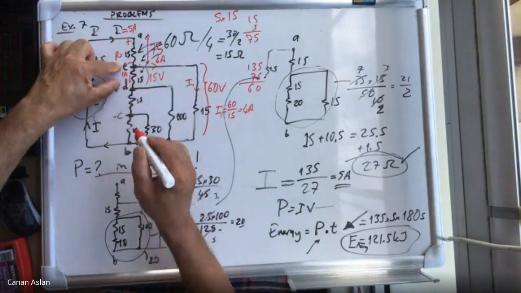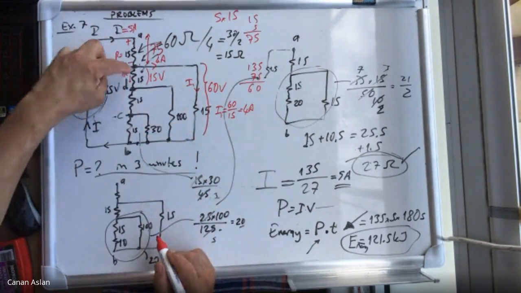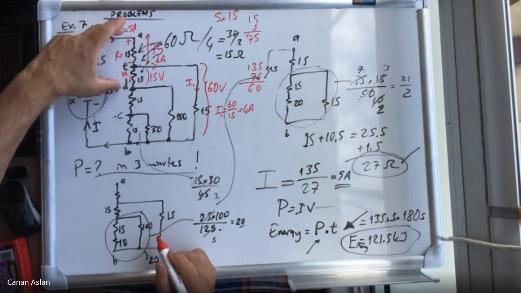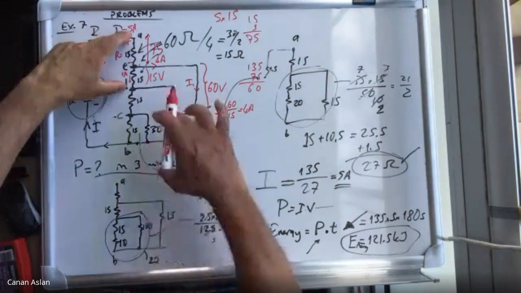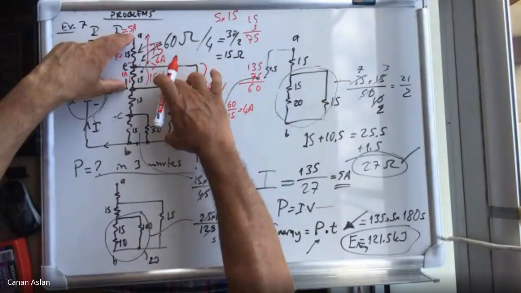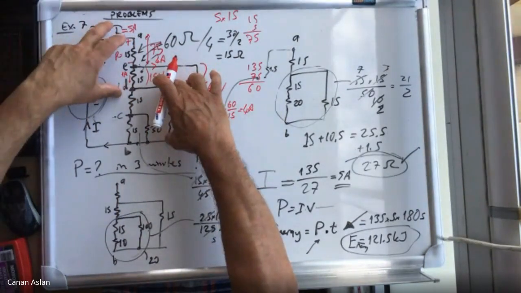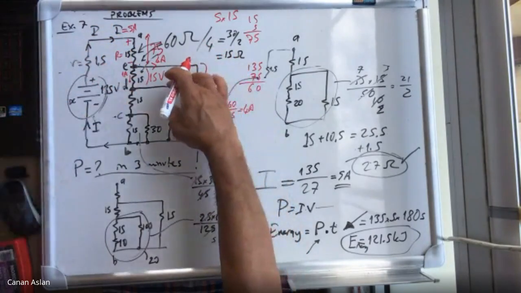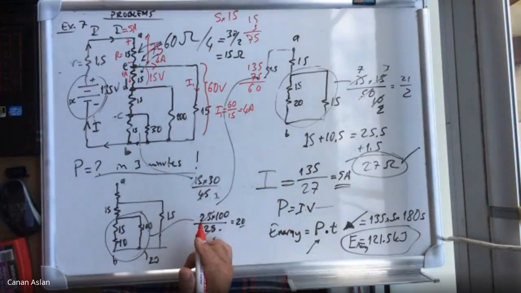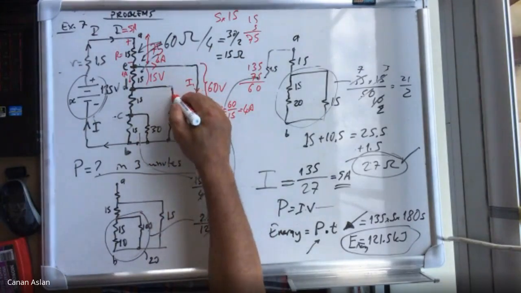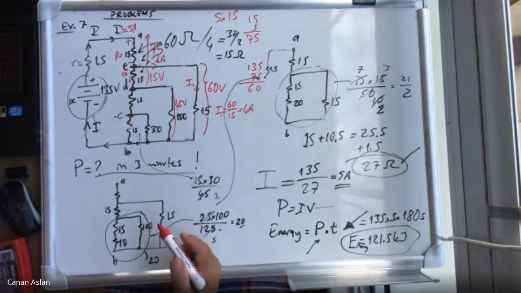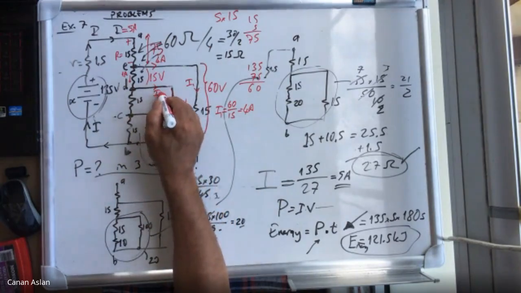As you see, we go step by step. If this is 15 volts and 75 volts there, 90 volts between A and D, then the voltage here will be 135 minus 90, or 60 minus 15, which is 45. So this will be 45 volts. If this is 45 volts, then what is the current here, I2?